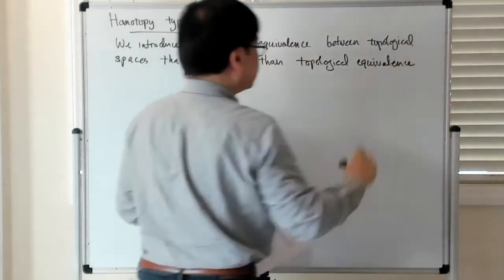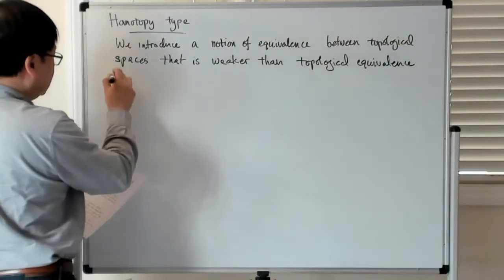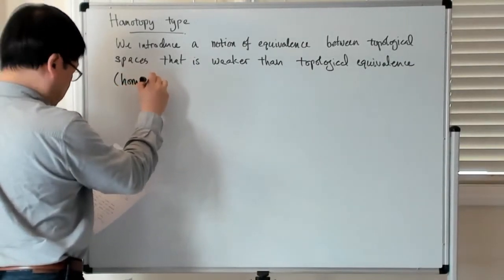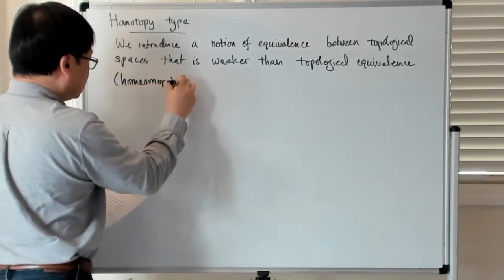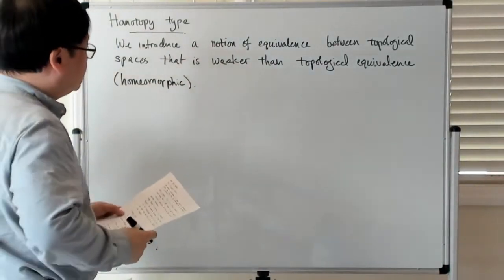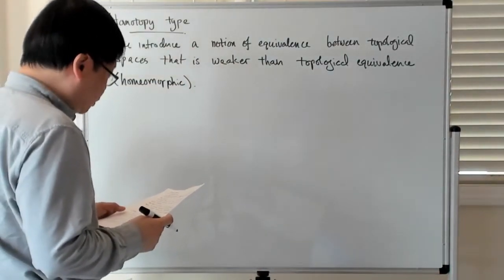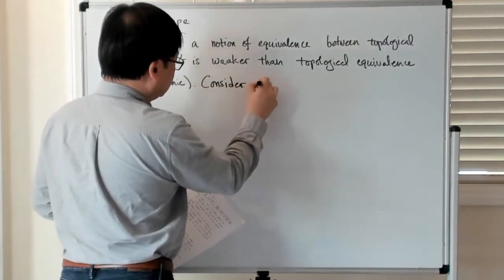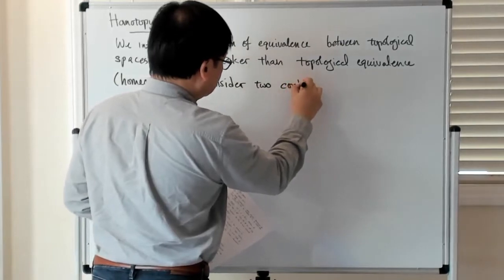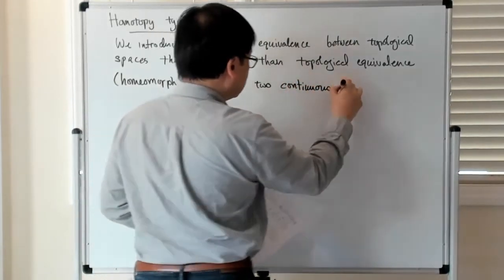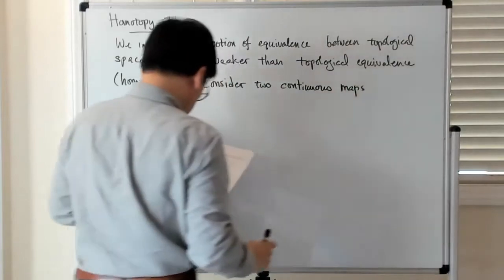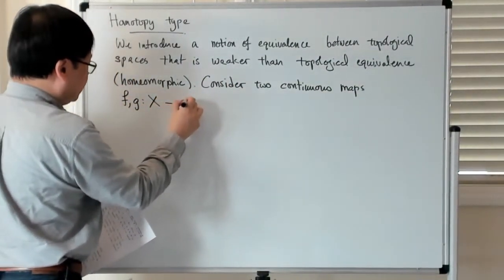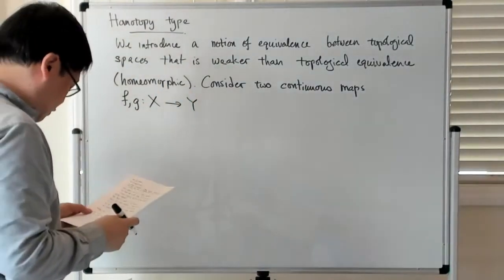Okay, and of course the usual notion of topological equivalence is that these spaces are homeomorphic. Okay. All right. So let's consider two continuous maps, f and g, between two topological spaces X and Y.